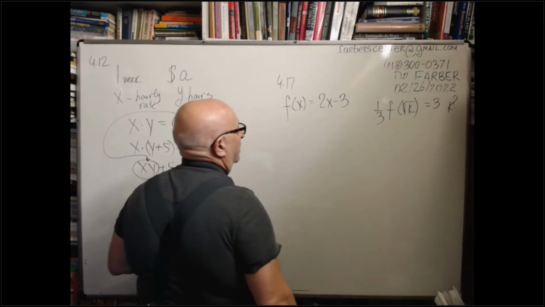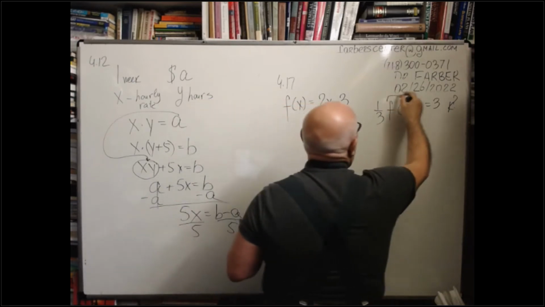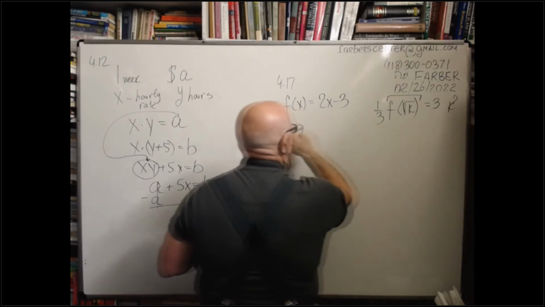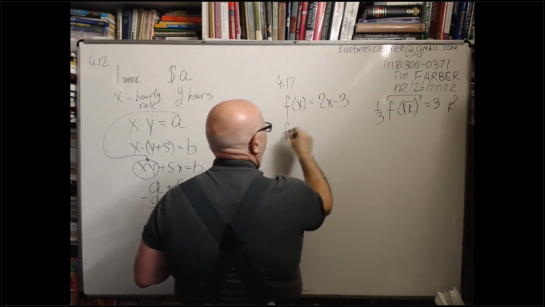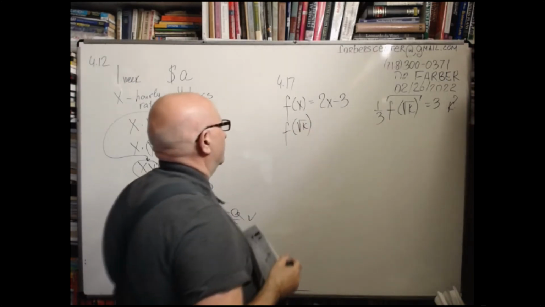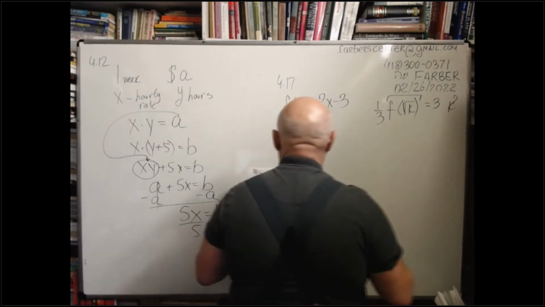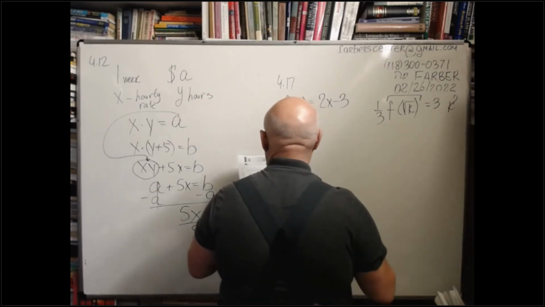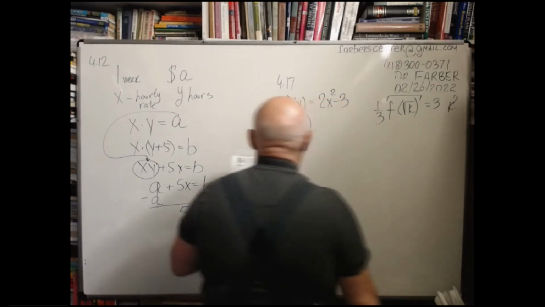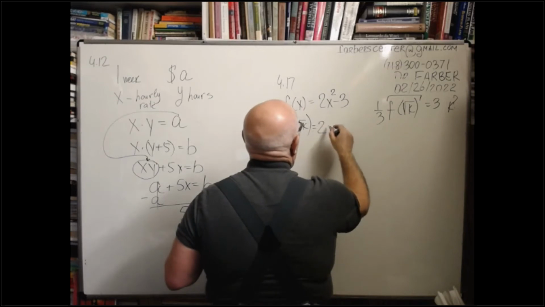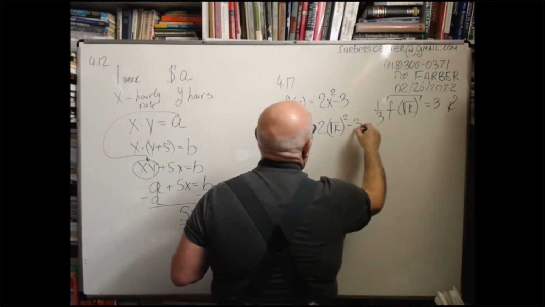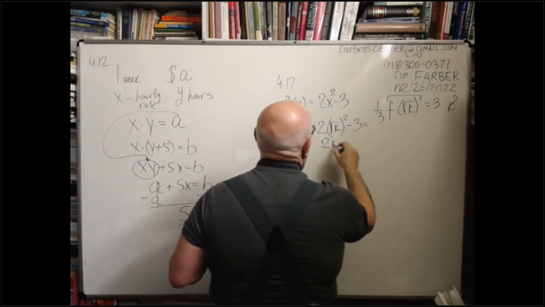Well, let's find f of square root of k. As usual, select, copy, and paste over there. Now x equals square root of k in 2x squared. Be careful, 2x squared? Yes. It would be 2 times square root of k to the second power minus 3, which equals 2k minus 3.